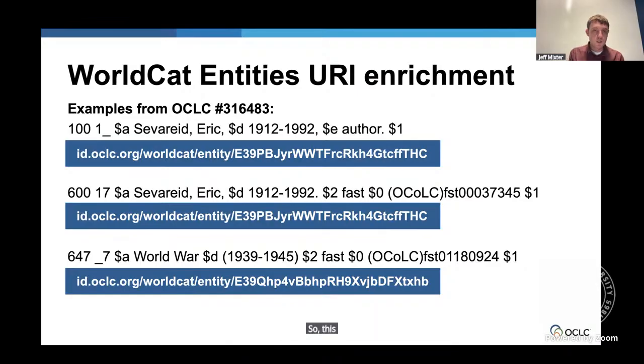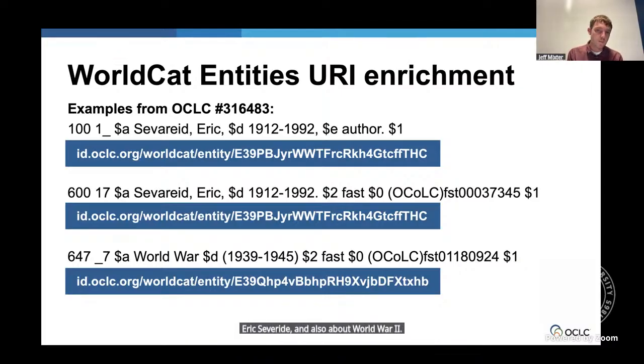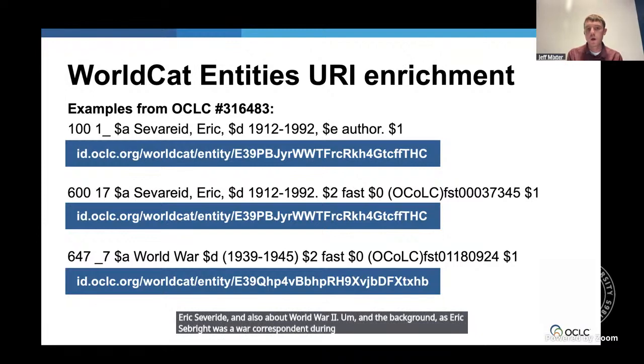This is a sample WorldCat record that was written by a person by the name of Eric Sevareid, but is also about Eric Sevareid and also about World War II. The background is Eric Sevareid was a war correspondent during World War II, and then wrote an autobiography about his experience as a journalist during World War II.